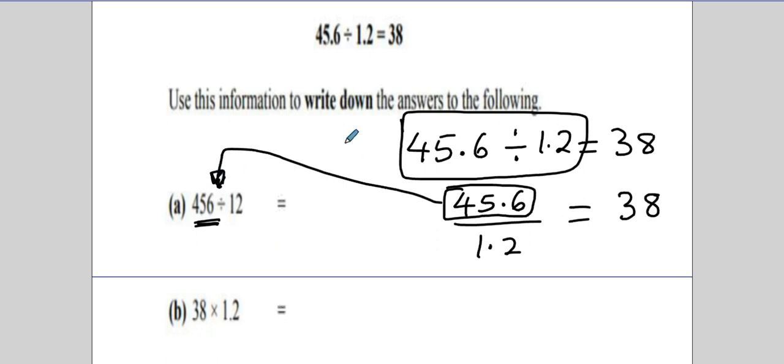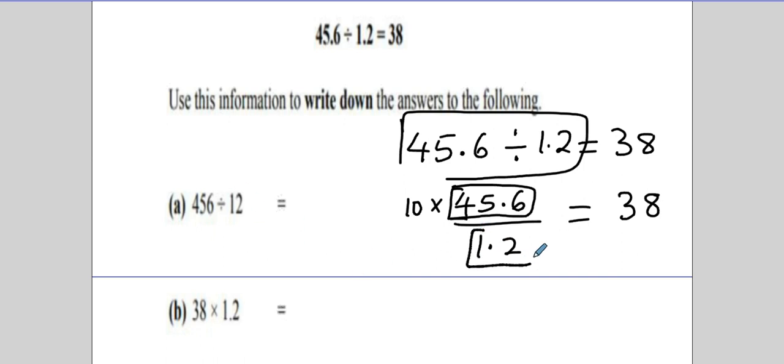See that? Good. Now the idea is, take this number 45.6, multiply by 10. See that? And you have 1.2 here, and this is 12.